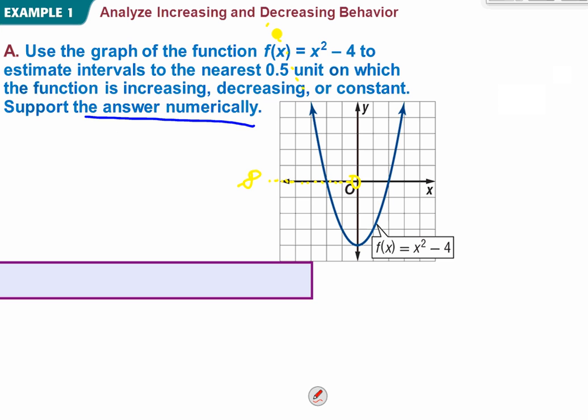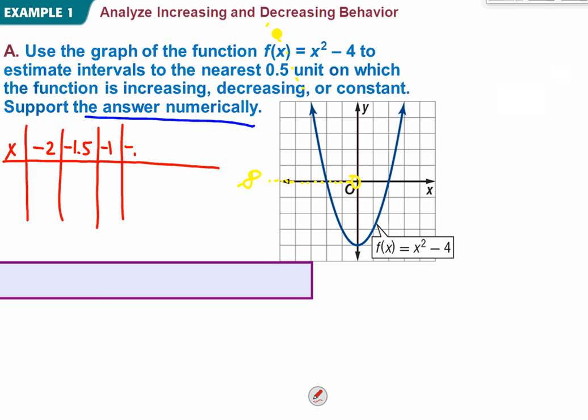Okay, so we have to support our answer numerically, so we're going to make a table. We don't have to go far out, but we'll go x values of -2, -1.5, -1, -0.5, 0, 0.5, 1, 1.5, and that's as far as I'm going to go on that one.